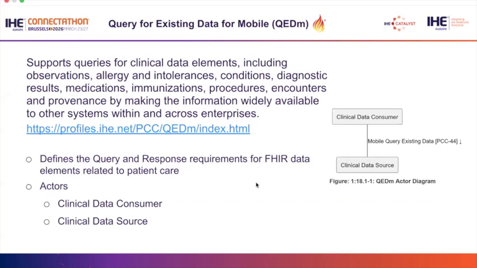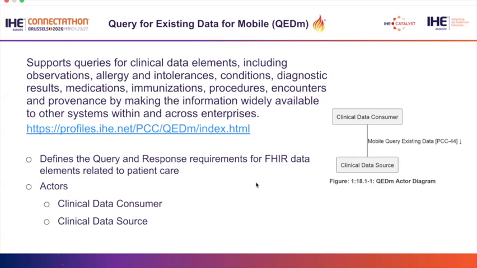Querying for existing data. This was an item that was created jointly between the ITI domain and PCC. This is primarily to support querying for relevant clinical data elements, such as allergies, conditions, etc. It goes into the details and semantics of the message transport between the clinical data consumer and clinical data source, with variations over content creator and content consumer related to our list of resources within that profile that you can review.